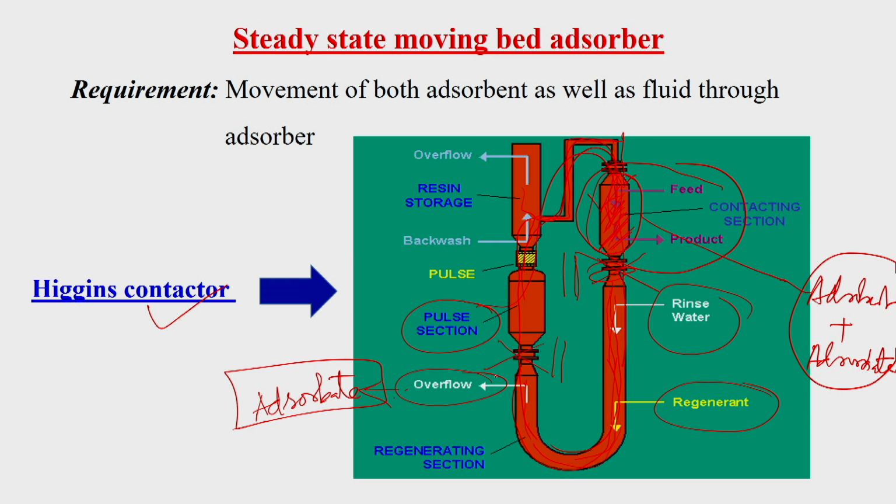In the next operation this fresh adsorbent will be dosed to the contacting chamber, and at the same time the exhausted adsorbent and adsorbate will come to the regeneration chamber. So, this is a cyclic process. At the same time the fresh adsorbents will be coming and adsorbing the adsorbate.